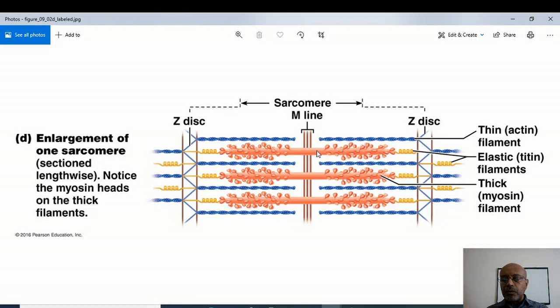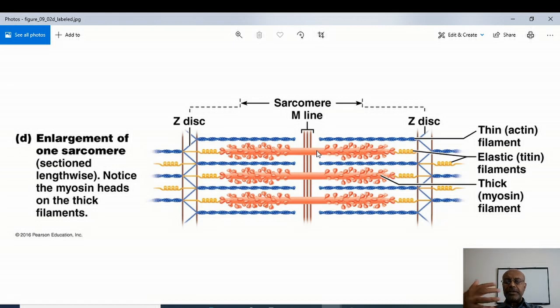So why are we studying this detailed picture of a muscle cell or a sarcomere? Because literally what we are going to study is how a muscle contracts. A muscle contracts by sliding like this and relaxes by sliding like this.